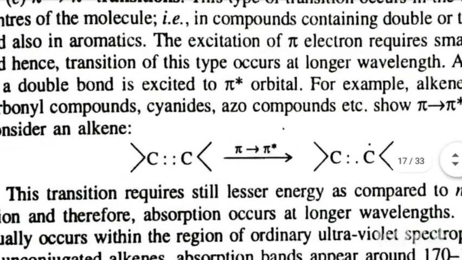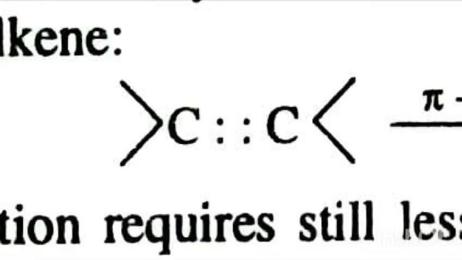Here, if you consider this carbon-carbon, we have denoted the two bonds between the carbon-carbon by using 4 electrons. Initially, one carbon gives 1 electron, and another carbon gives 1 electron. That creates a sigma bond. Then the carbon gives a second electron, and the other carbon also gives a second electron to create a pi bond.